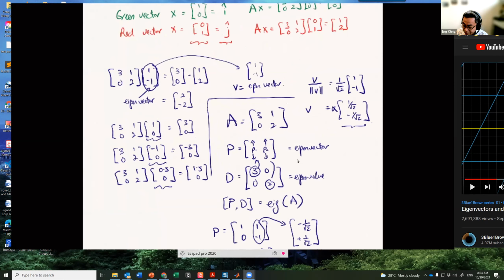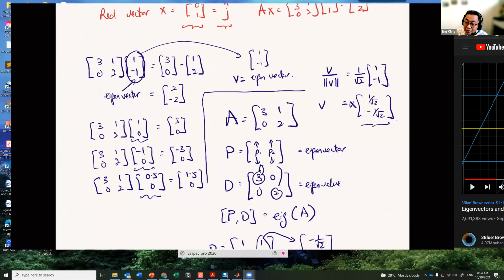Why do I say that? Notice this picture here. P1 is scaled by 3, P2 is scaled by 2. So every time we talk about an eigenvector, we want to know its corresponding eigenvalue, or the other way around. Given the eigenvalue, we want to know its corresponding eigenvector. Now, all right, let's proceed.